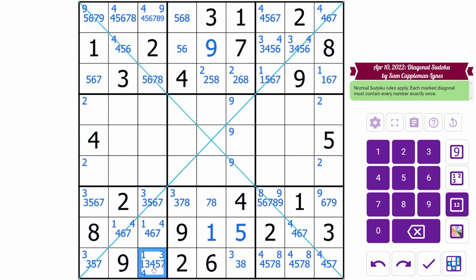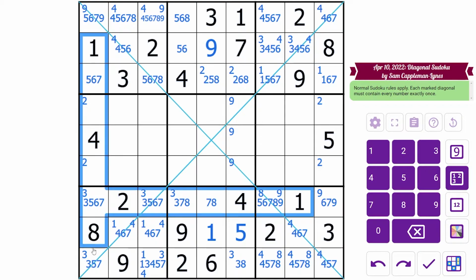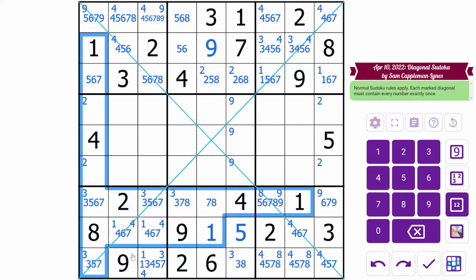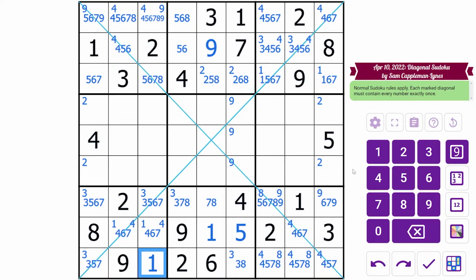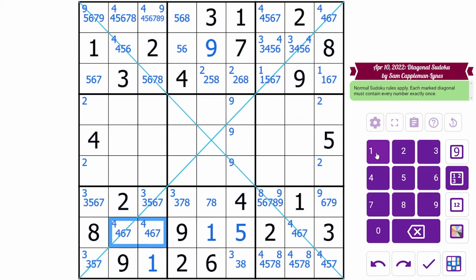But when we look at ones, we can see that 1 can only go in one spot, so that was available. These can no longer be ones. That puts ones here.